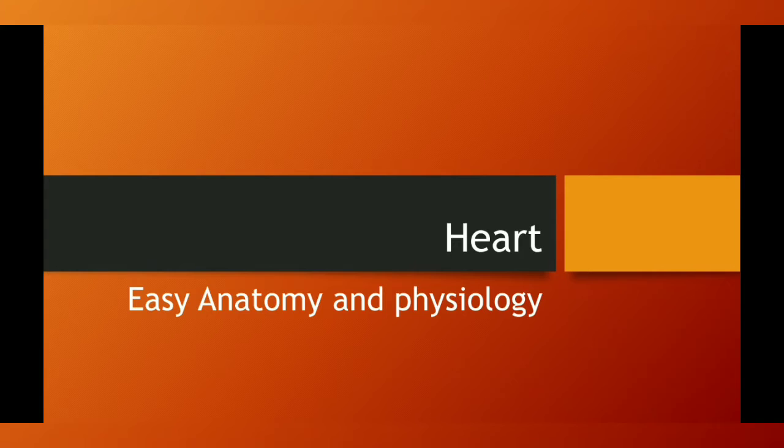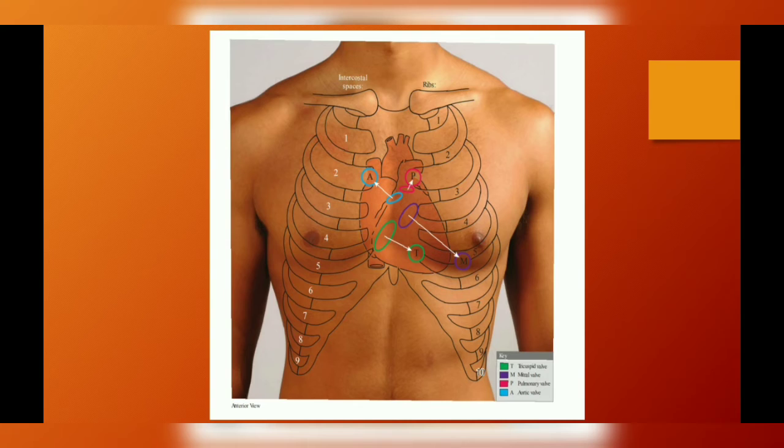Right? So now we will see the position of the heart within the thoracic cavity and the four orifices. This is the position, the four orifices, APTM.